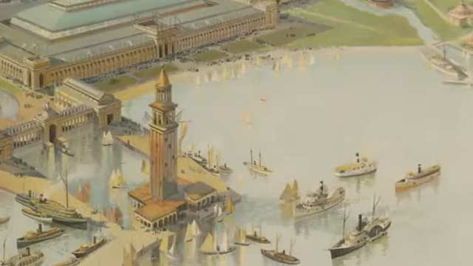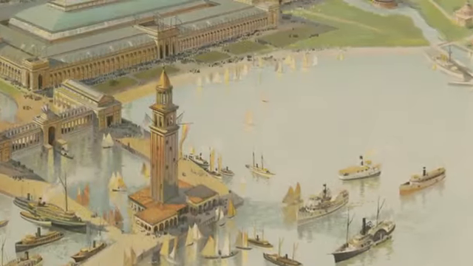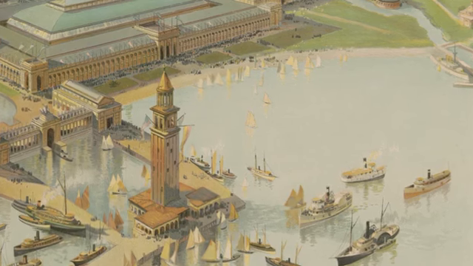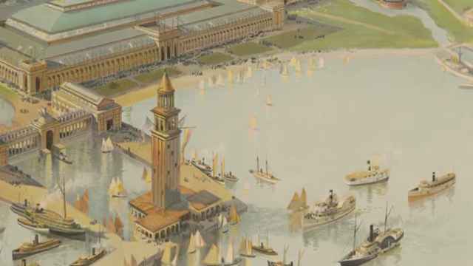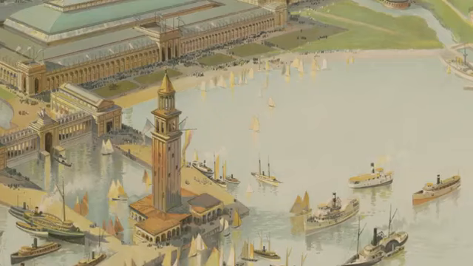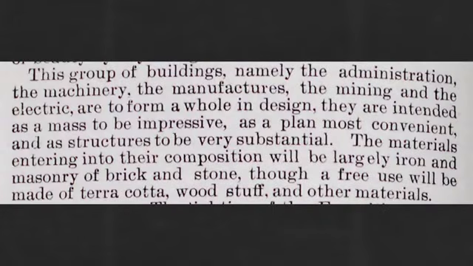Is that possibly what is represented here in this image? That is unknown. Additionally, we have mention of more formally treated materials in regards to construction in these initial plans. This will be useful information as we continue this story, and it reads as follows. This group of buildings, namely the administration, the machinery, the manufacturers, the mining, and the electric, are to form a whole in design.